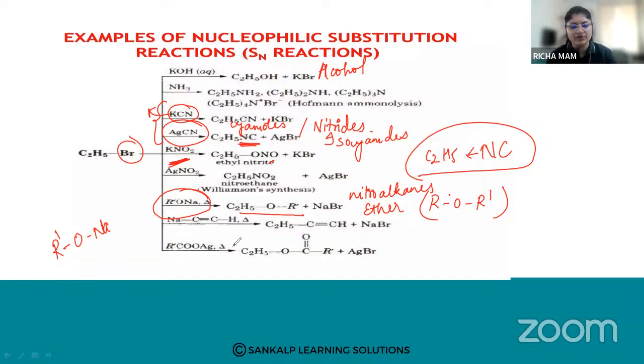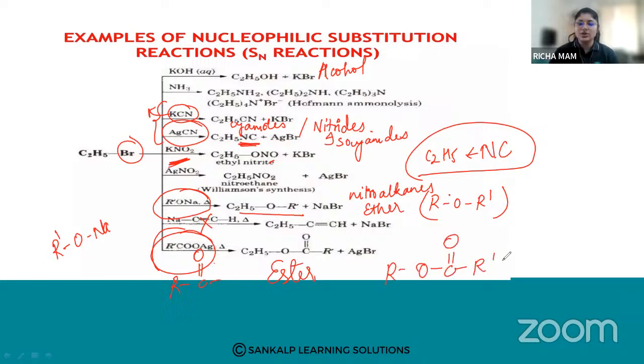This one is not there. We'll go with the last one. When you have the substituted product in the form of an ester, an ester is O, C double bond O, R and R'.